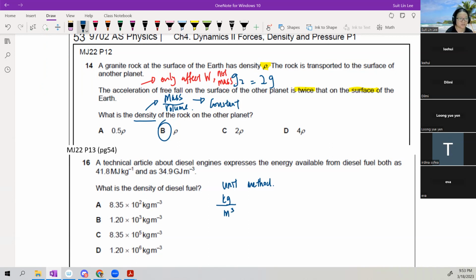Okay, so I look at this unit. The first one is megajoule per kg. I want the kg to be on top, right? So I'm going to flip the unit, kg over megajoule, because I want the kg on top.